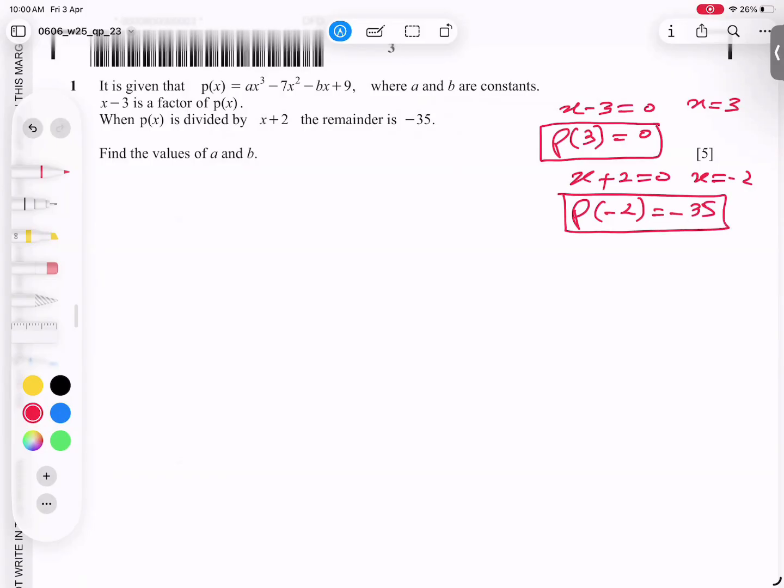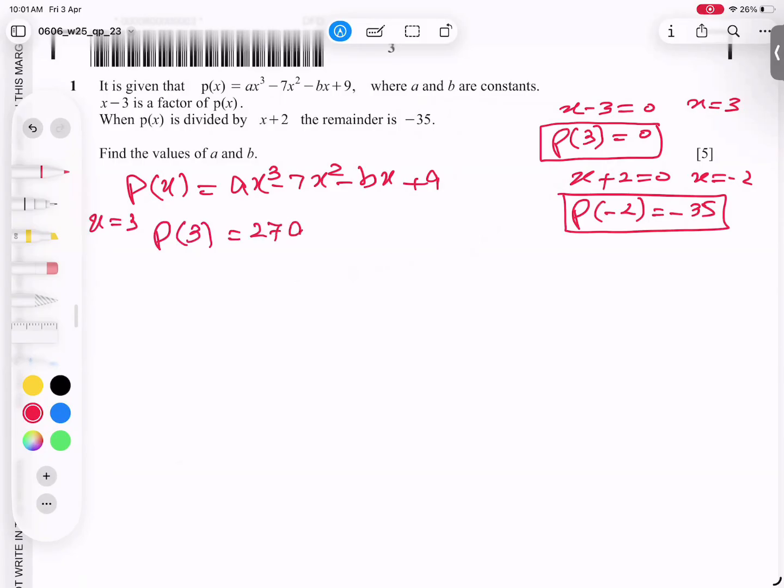I'm keeping them in rectangles, in boxes. Let's try to do it. First part: P of X is ax to the power 3, -7x squared, -bx, and +9. I'm replacing every x by 3. So here I get 27a. Here, 9 sevens are 63, because 3 squared is 9, so 63. And here 3b and +9, and this I'm replacing by 0.